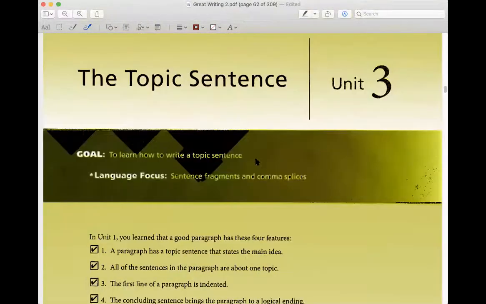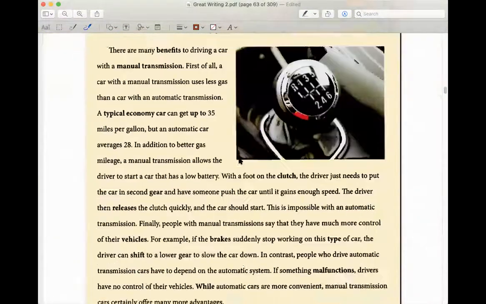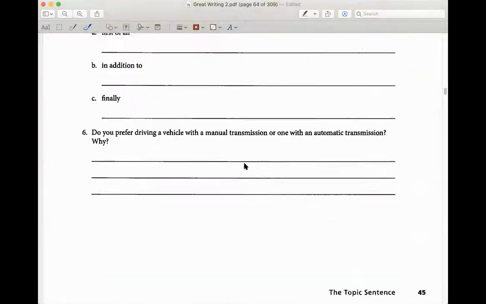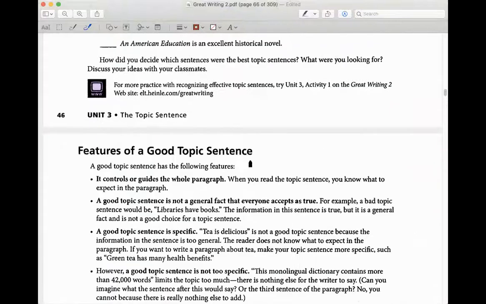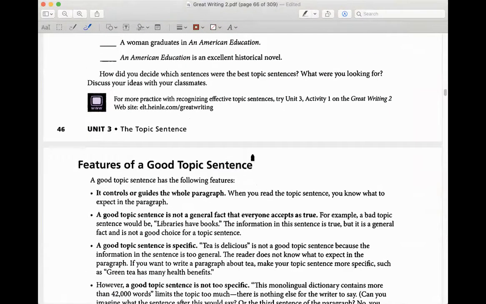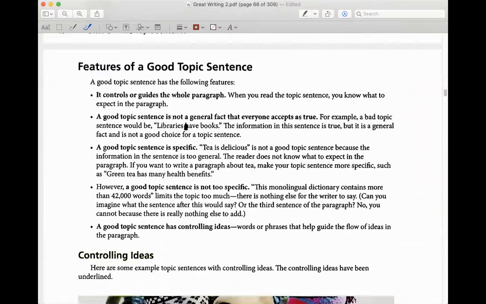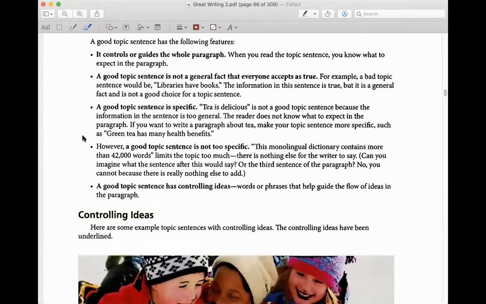And then we get into the topic sentence. So how to write a good topic sentence. This one, I'm going to point out some of the grammar that you should use. Also, what is a good topic sentence? We know the features. It should be specific, but not too specific. On the exam, I may give you a pair of sentences and ask you which one is a better topic sentence.